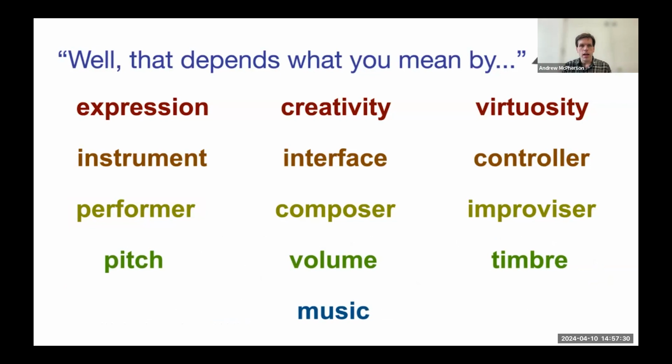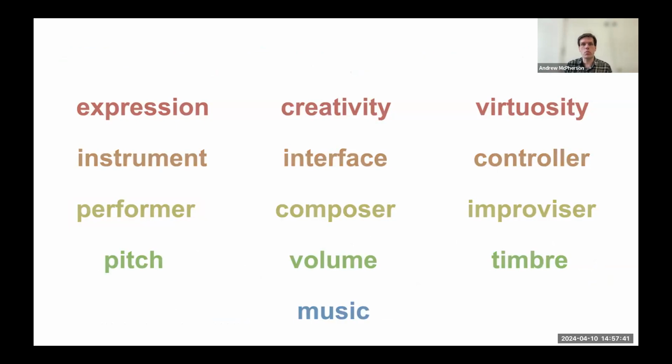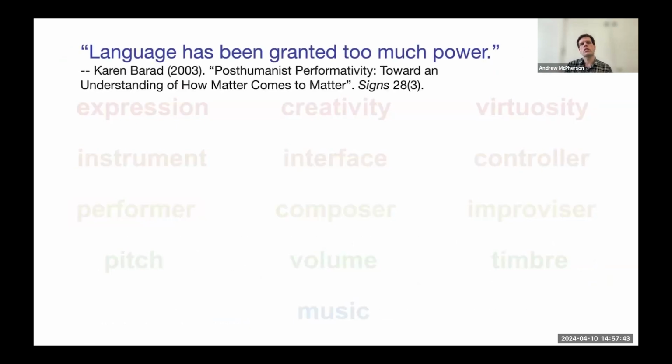Here's the point. I think we're spending too much time sometimes thinking about what words mean on the premise that somehow decoding the meaning of words is actually a useful exercise to begin with. So here I'm going to go back to Barad, who talks about how language has been granted too much power.